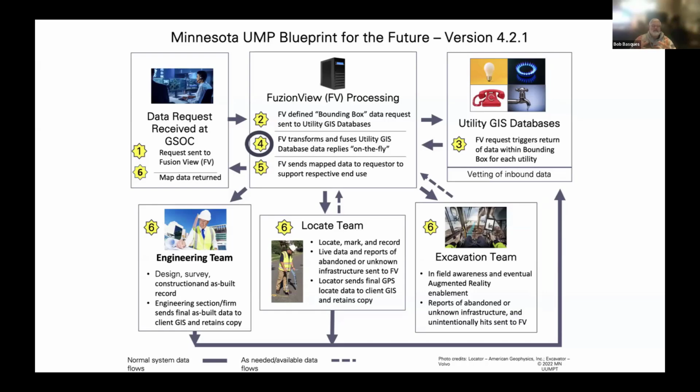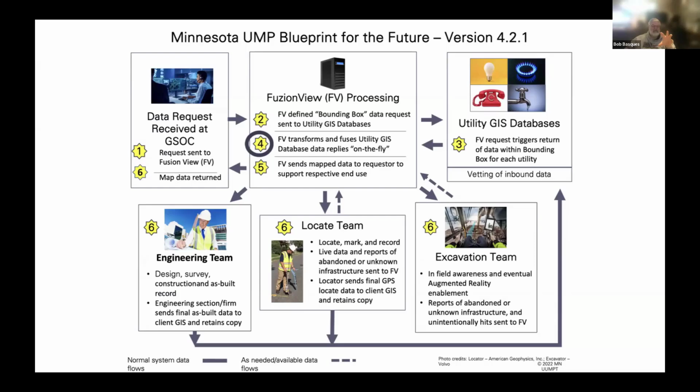And all of the data is transformed into those 7 or 8 APW classifications that we talked about. What kind of data is it? All we want to do is transfer the fact to the requester that there's data available. This is what it is. And then, if there's certain attributes available in the data, like how deep it is or the status of it, that's relayed as well. And then all of that information is then stored into the FuzionView engine.